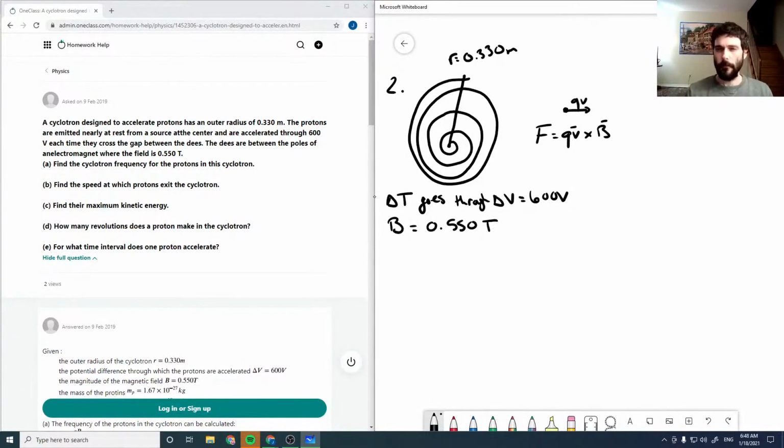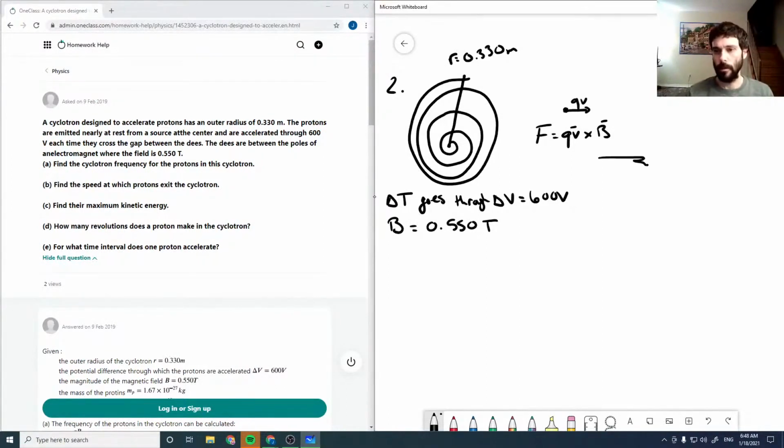Then our force would be: put our fingers in the direction of the QV, our palm in the direction of the B field, and then our thumb would point in the direction of the force.